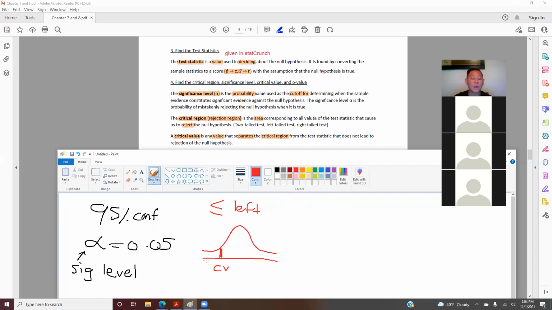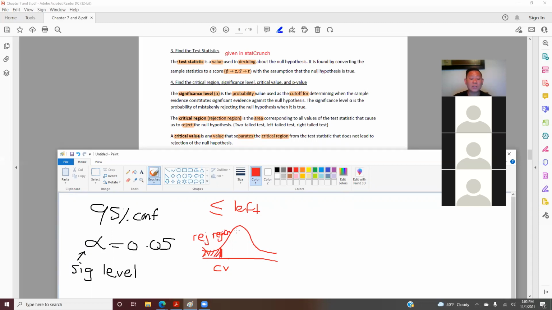The shaded part is called your rejection region, or critical region, which, if it's a left tail, is on the left side.